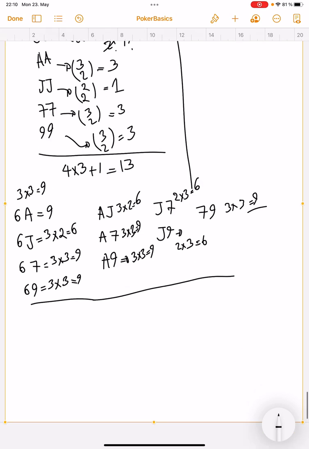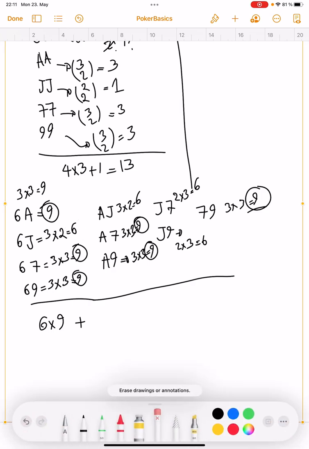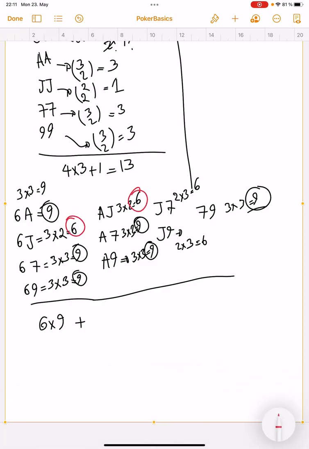And if we sum them up, this is 1, 2, 3, 4, 5, 6. So 6 times 9 plus 1, or we can change the color so that you see it better. So this is 1, 2, 3, 4, and make here 4 times 6.